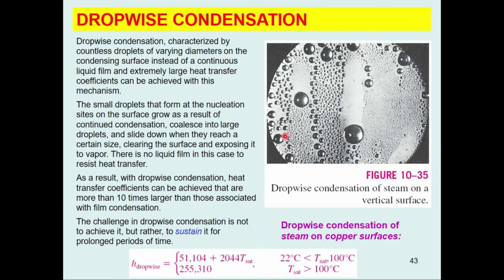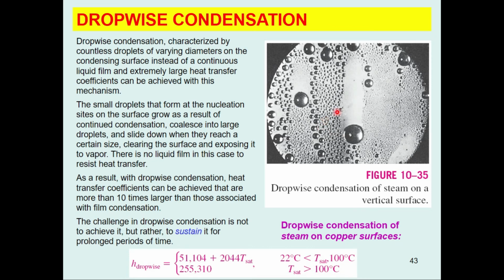In this diagram, as you can see, this is a round shaped condensing surface on which the vapors are condensing. So there are hundreds of tiny droplets on this surface, and there are some bigger size droplets on this surface.